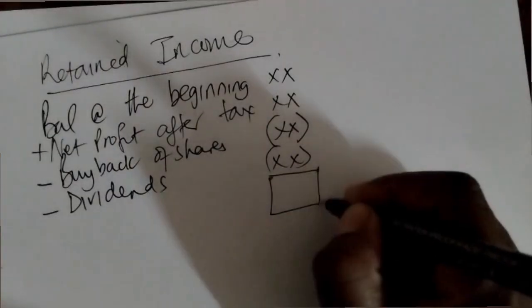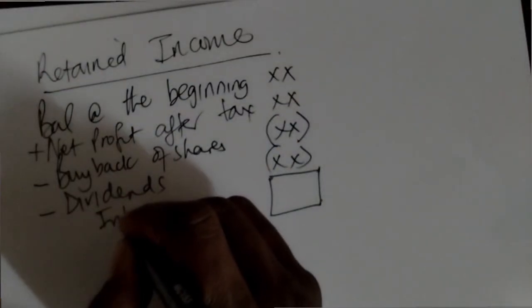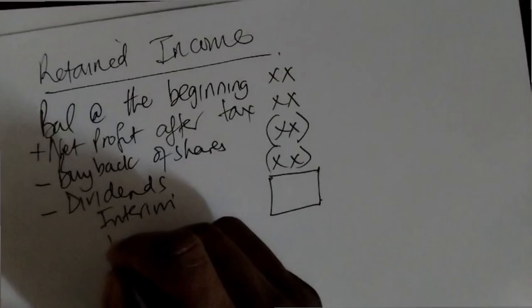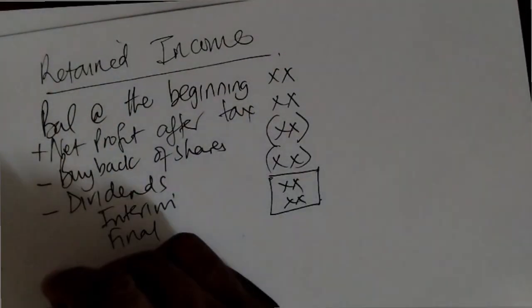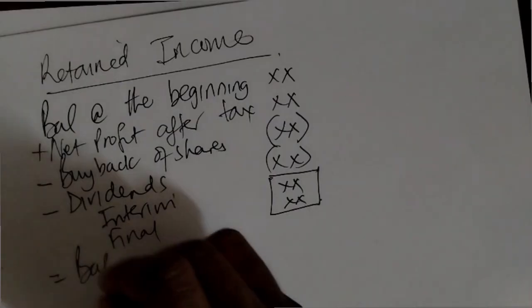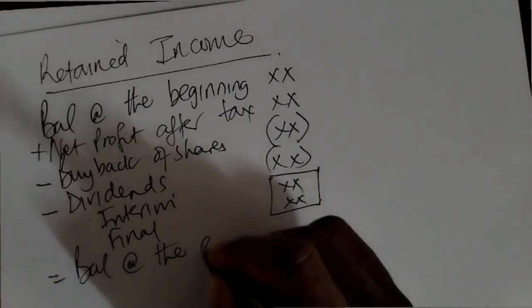And your dividends are made up of two: your interim, and then your final, and then you're going to have equal to balance at the end.